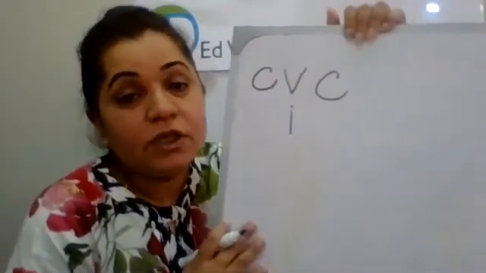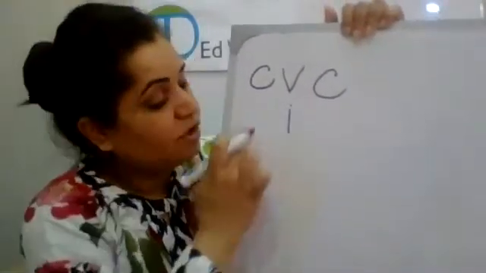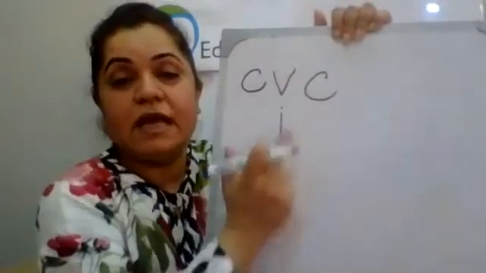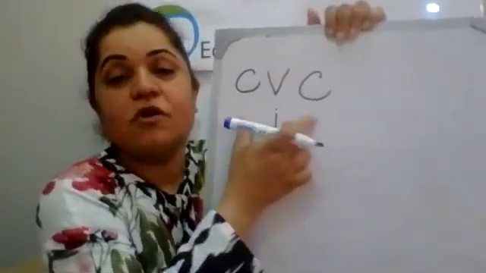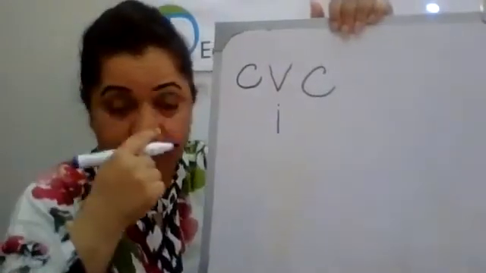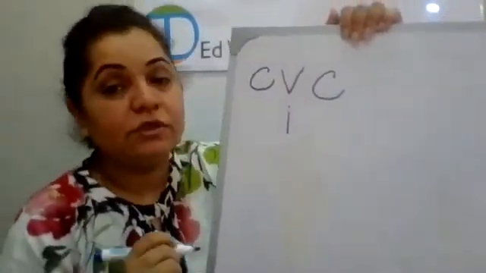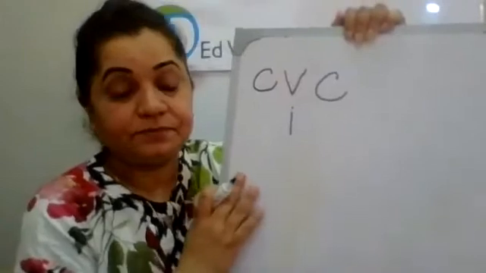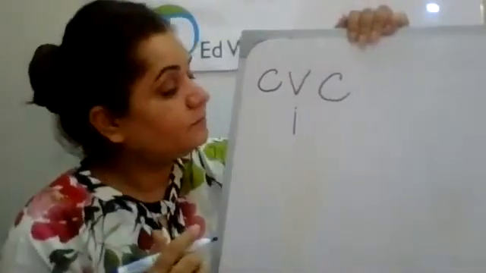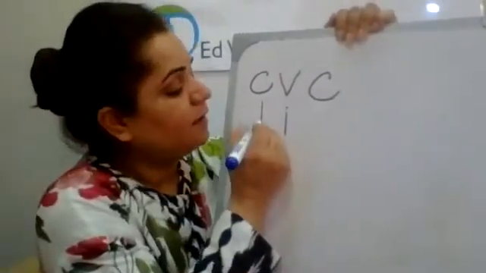Now we are going to make the words. We have the vowel I, and we have to take two consonants to make another one. Which consonant do you want to put over here? B, okay.